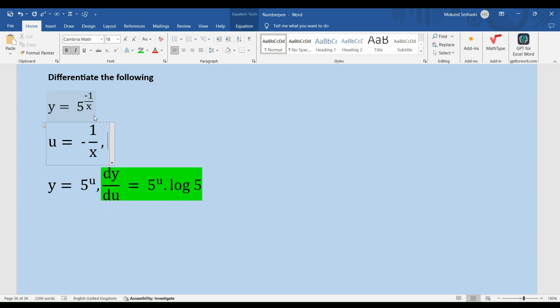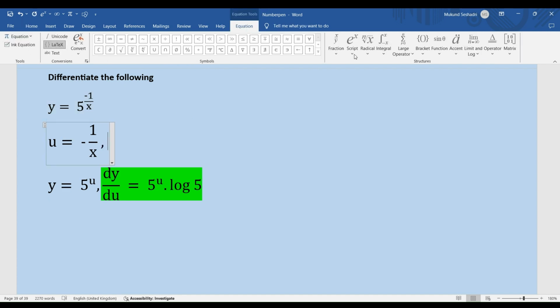So let's do that. My du by dx is nothing but d by dx of minus 1 by x. So minus remains as it is, and 1 by x, we folks are quite familiar with, is nothing but minus 1 by x square, right?